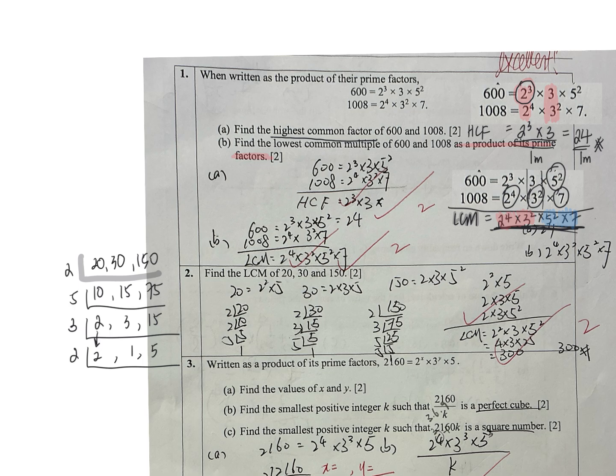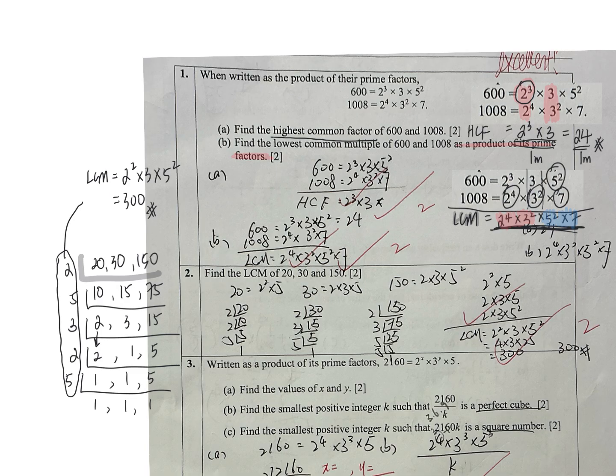And then 2. And then 5. So the goal is to make sure that you stop only when all the numbers become 1. So your LCM would be 2 square times 3 times 5 square, which gives you 300.